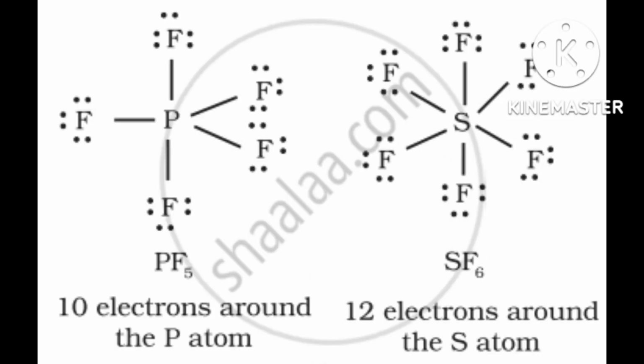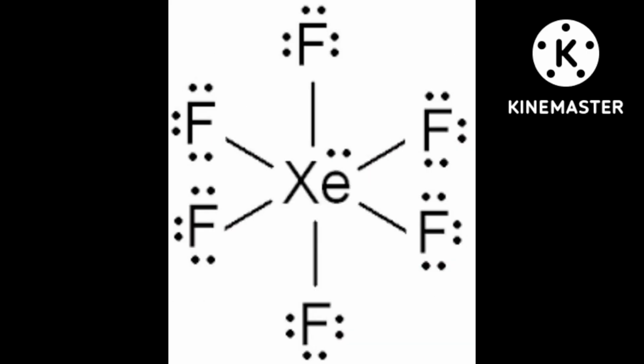But sulfur has 12 electrons. Here the octet rule also fails. Then I told you about the 3 exceptions.